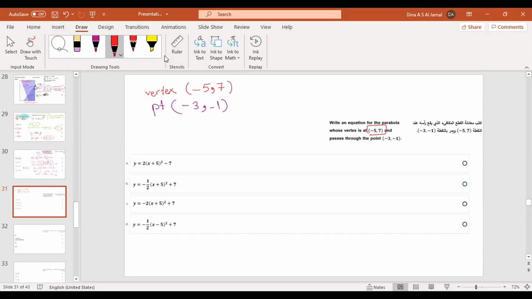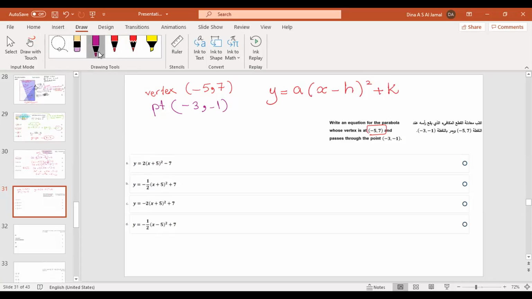So that means whatever you should do is just put the general equation for the vertex form. y equal a times x minus h all squared plus k.